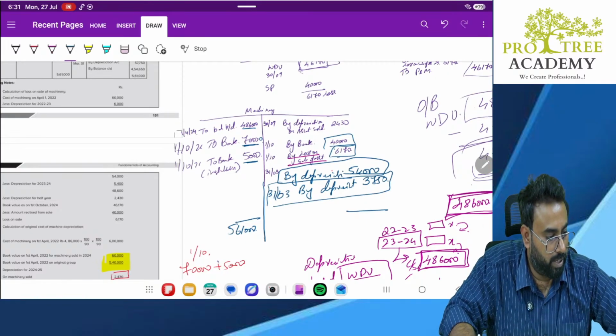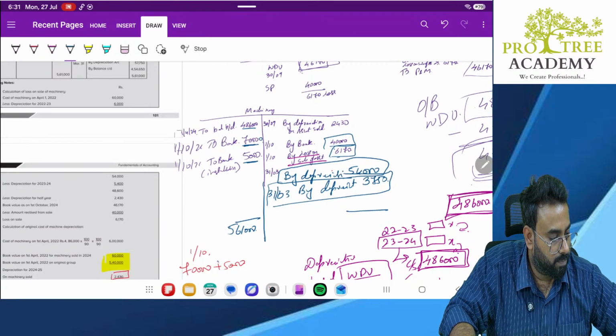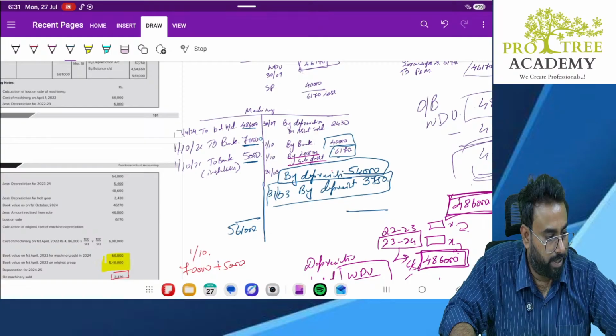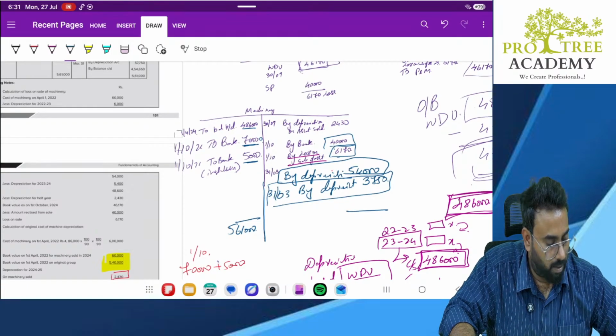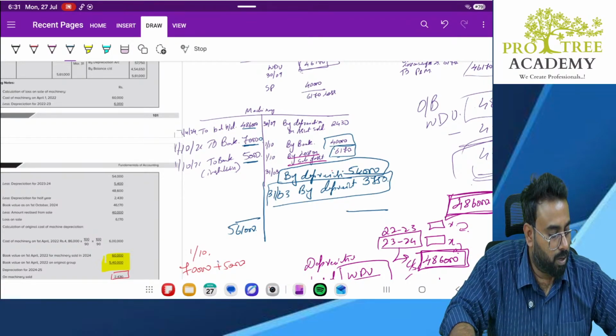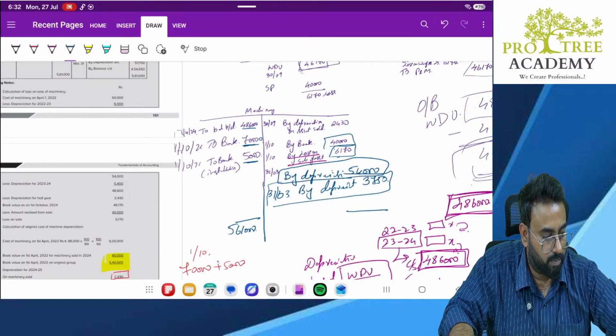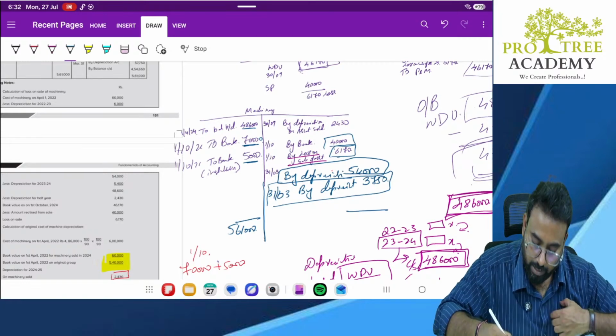That is our loss on the asset. Plus 54,000, plus 3,750.